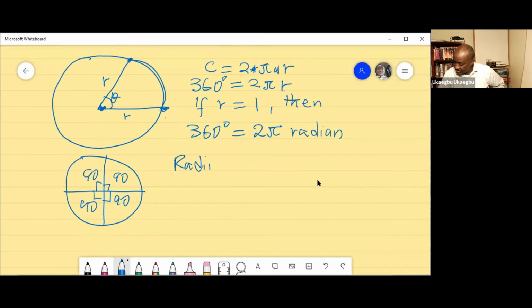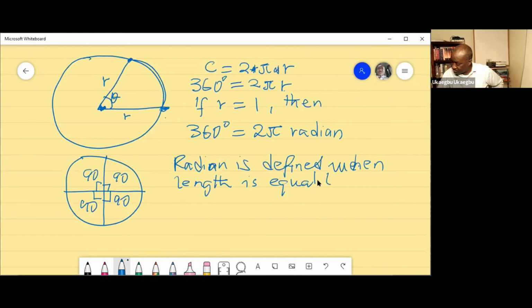Radian is defined when length of arc is equal to the radius of the arc. All right. So for example, if the length of arc is 5 and the radius is 5, that's radian right there.